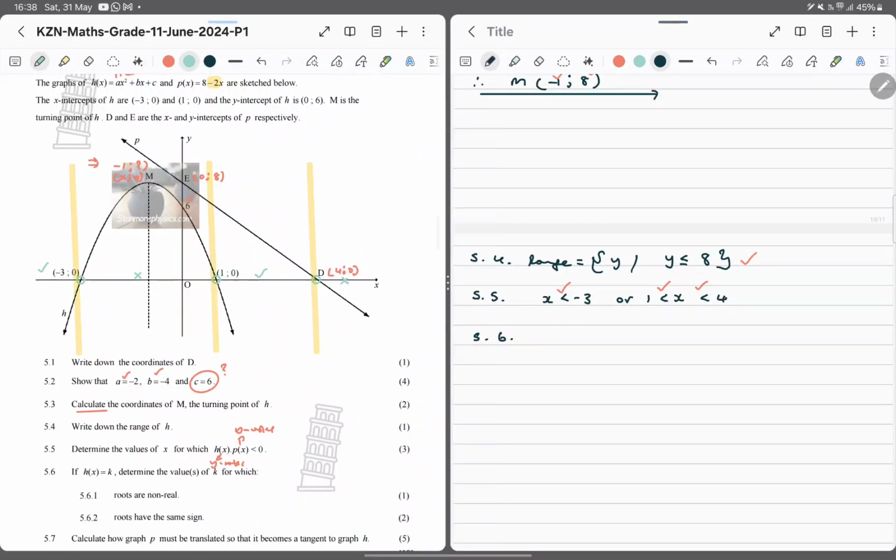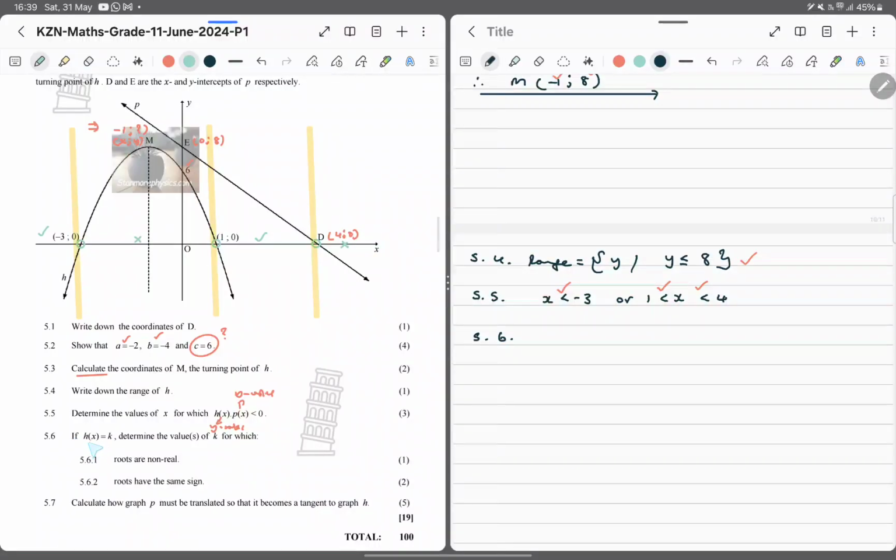Okay, 5.6. We are told to take if h of x is equal to k. Now this is a horizontal line. Right. Now determine the value or values of k for which the roots... Okay. If h of x is equal to k, what am I saying?